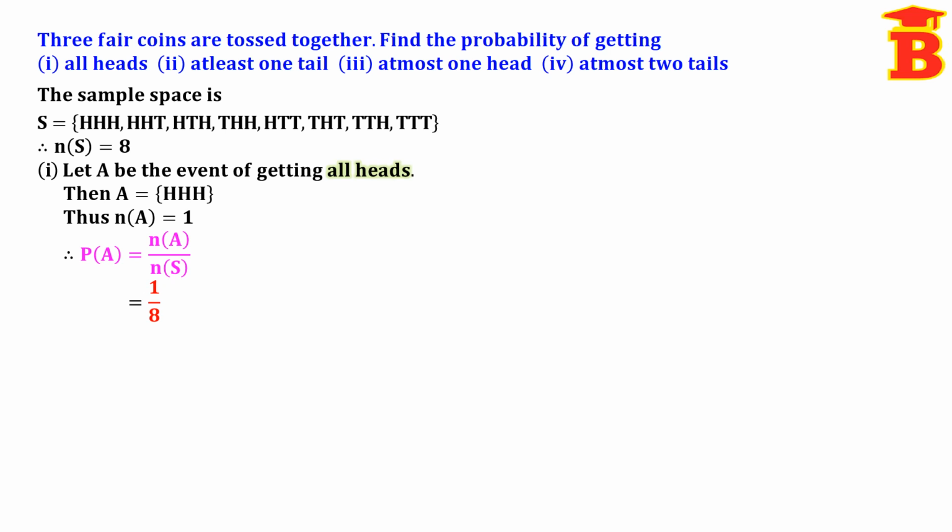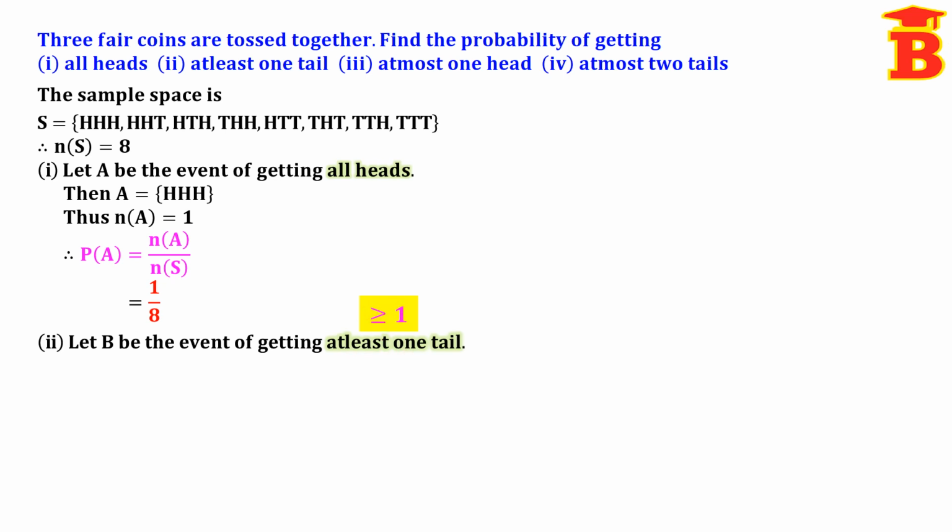Second question, at least one tail. So let B be the event of getting at least one tail. At least one tail means minimum one tail, and we can have more than that. So mathematically we write it as greater than or equal to 1. So at least 1 means greater than or equal to 1.